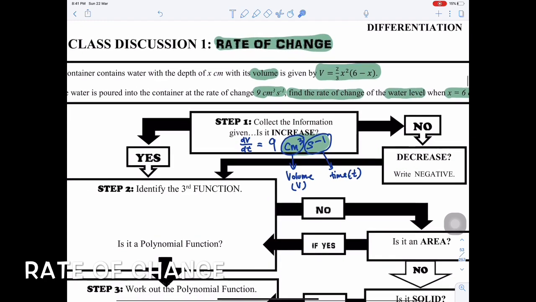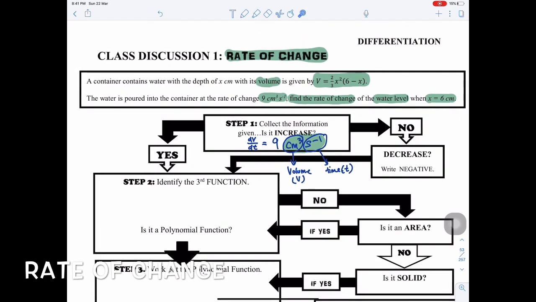And then, is it increasing? If the situation is increase, the answer is yes.